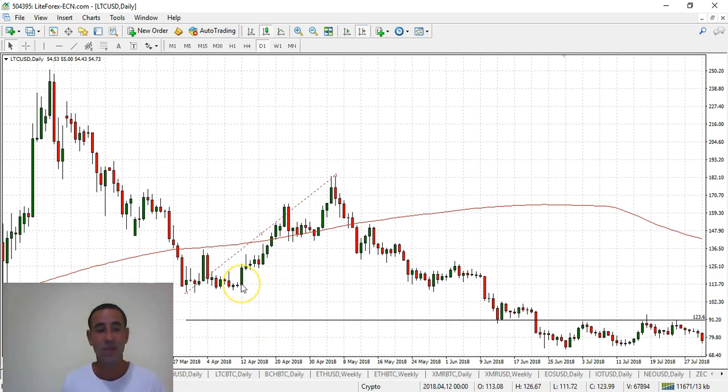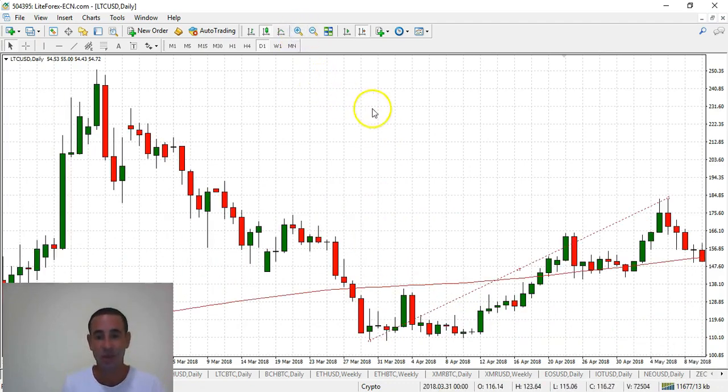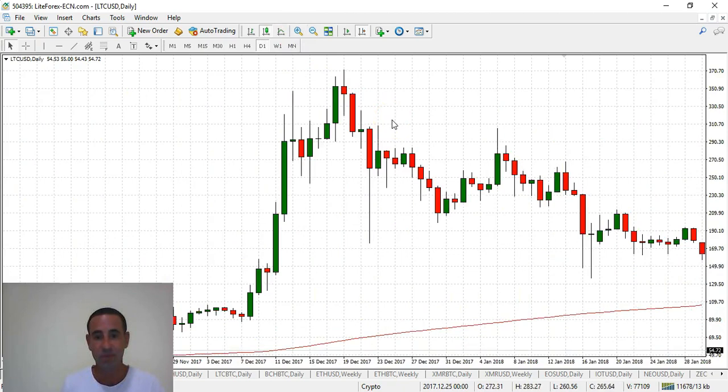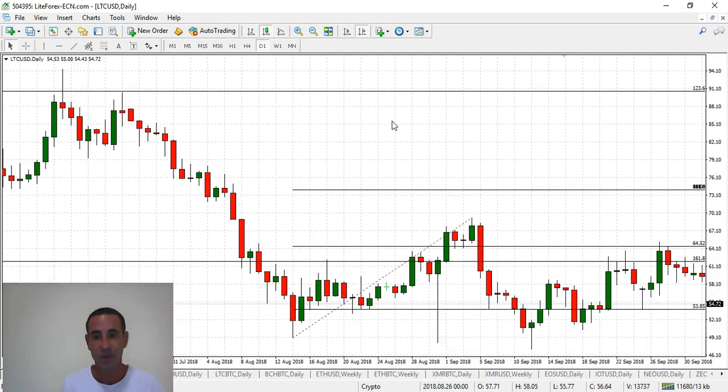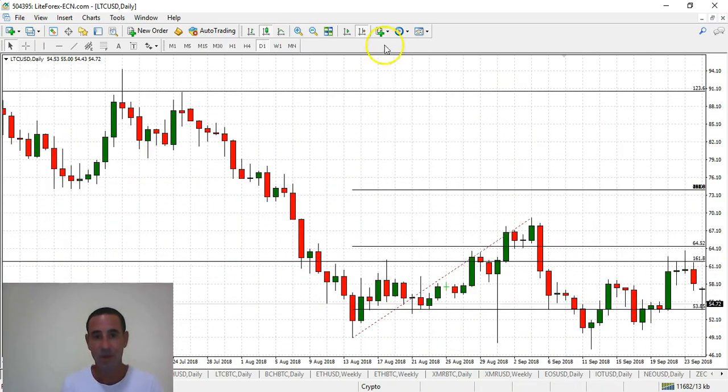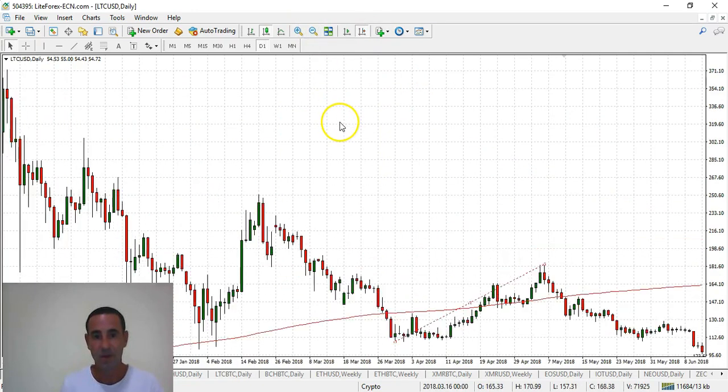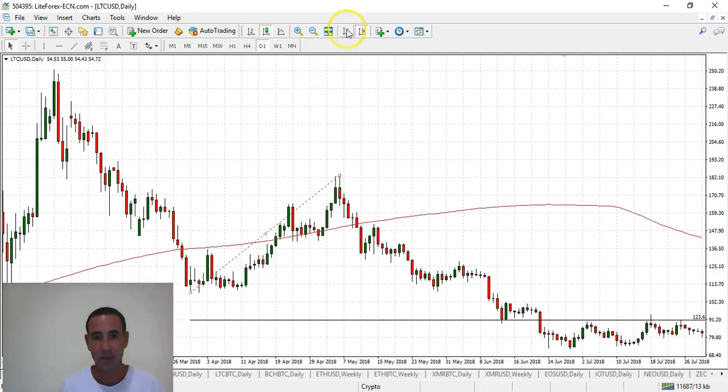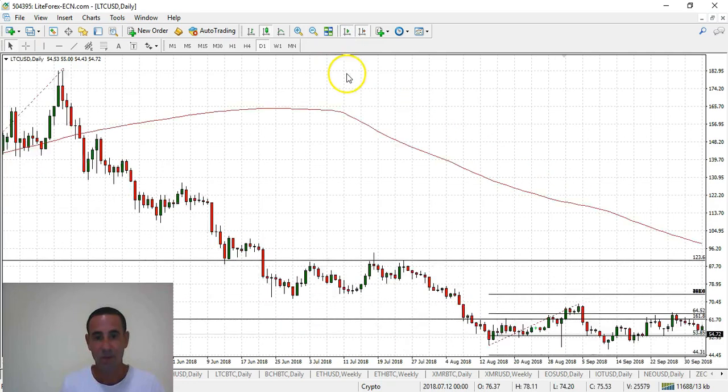Now you can see the first level, 1.236, right here, and you can see how price reacted to that level. Take a look. When it reached that level, all right, here you go. Take a look at that. I'm just going to do this.